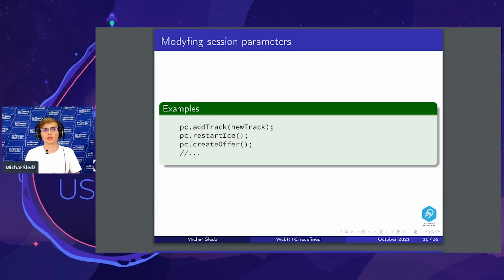So this becomes pretty complicated, because we have to know what ICE restart is and why we need to call this. We have to know when to call this, and we once again have to take care about some race conditions, because 2 peers can perform ICE restart at the same moment.